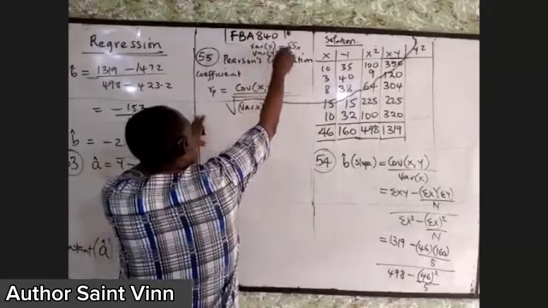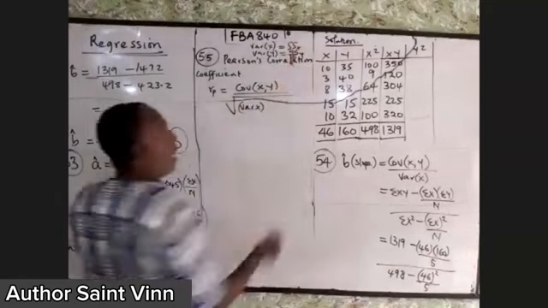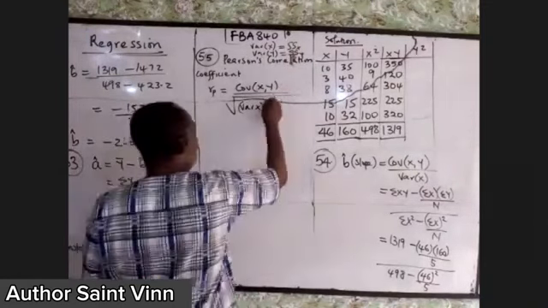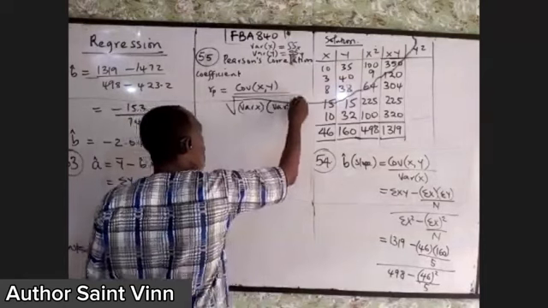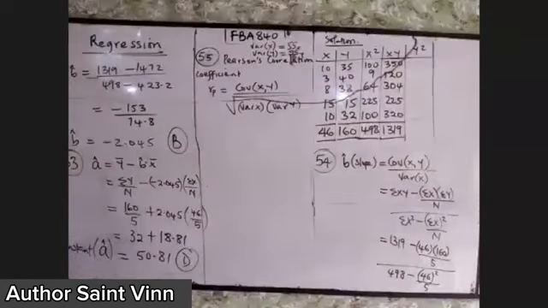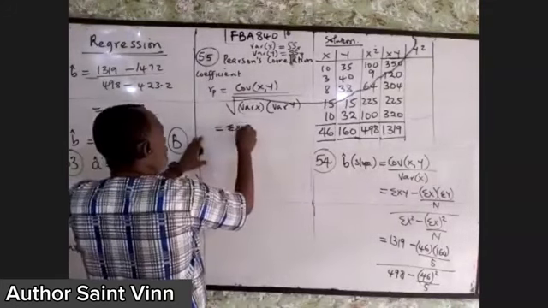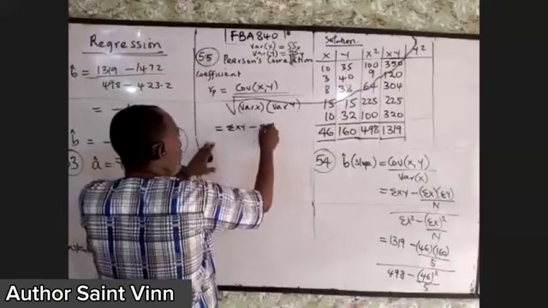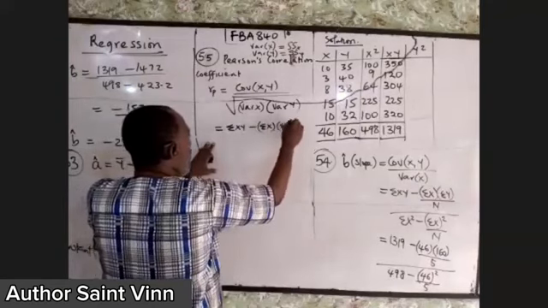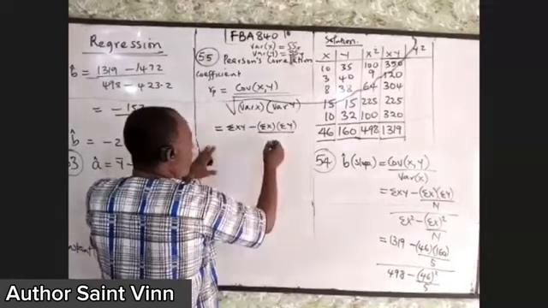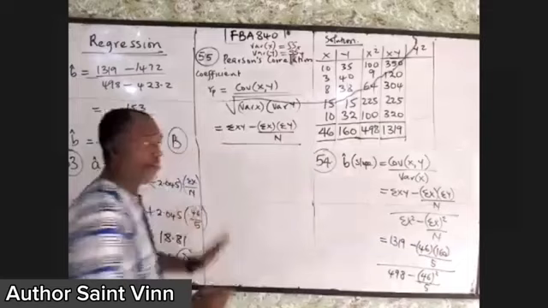Variance of y is written as SSY. So the formula is not straight multiplication. This one is summation of xy minus summation of x into summation of y all over n.